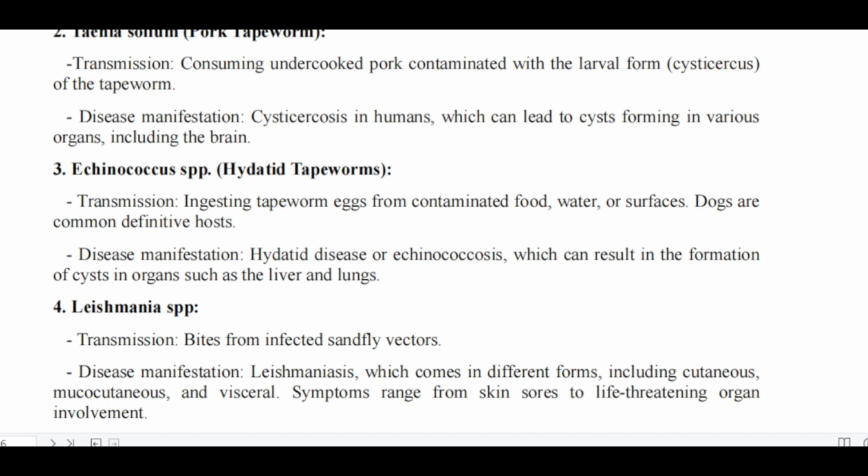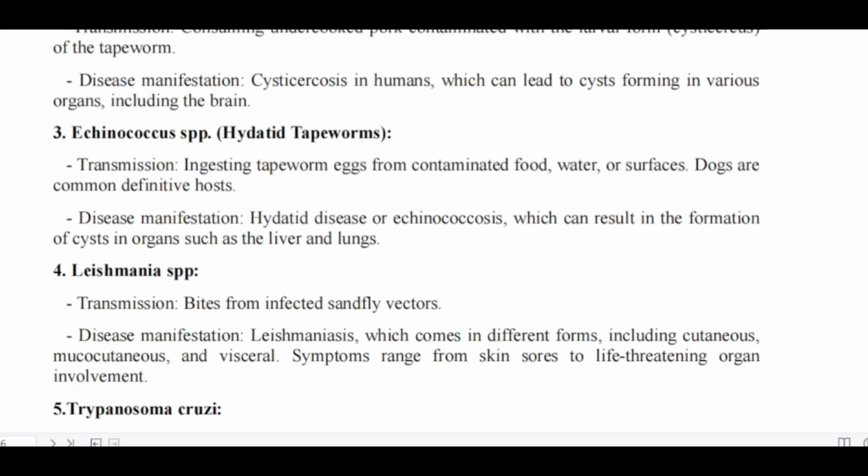Hydatid cysts or echinococcosis can result in the formation of cysts in organs such as the liver and the lungs. So it will form a cyst and become strong, and you don't know how big it can be, or if it keeps growing. So it can affect the functioning of the organ it has affected.